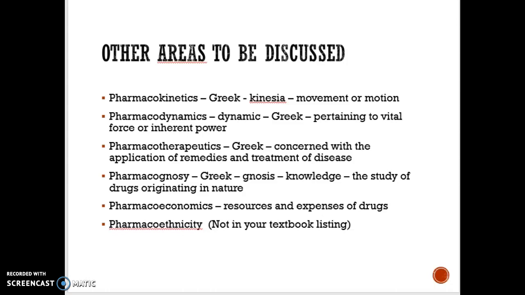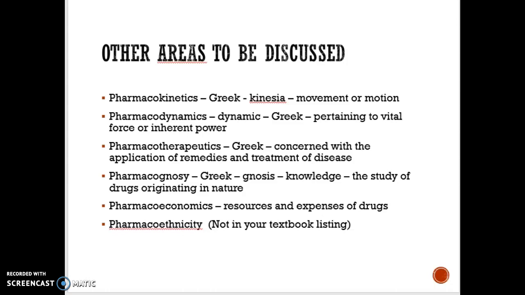Pharmacognosy, from gnosis, which is Greek, is knowledge or the study of drugs originating particularly in nature, those that we find in naturally occurring minerals, plants, or animals. We have pharmacoeconomics, which explores resources and expenses of drugs.